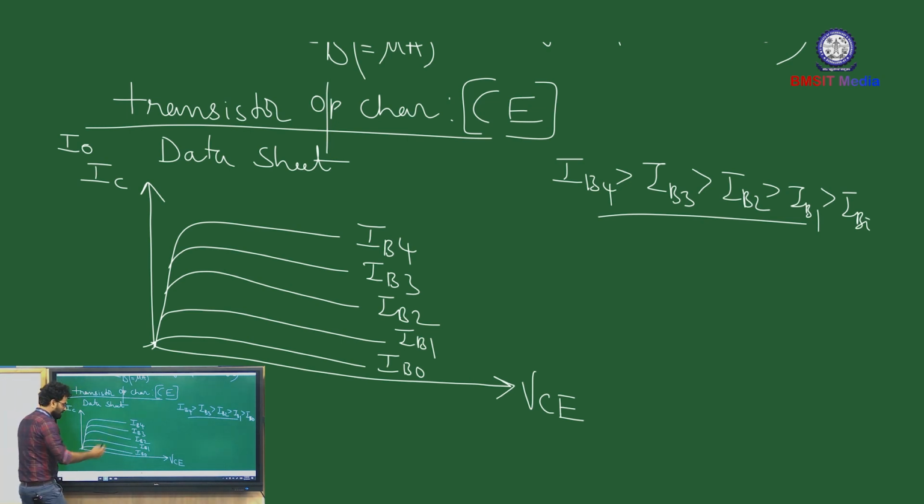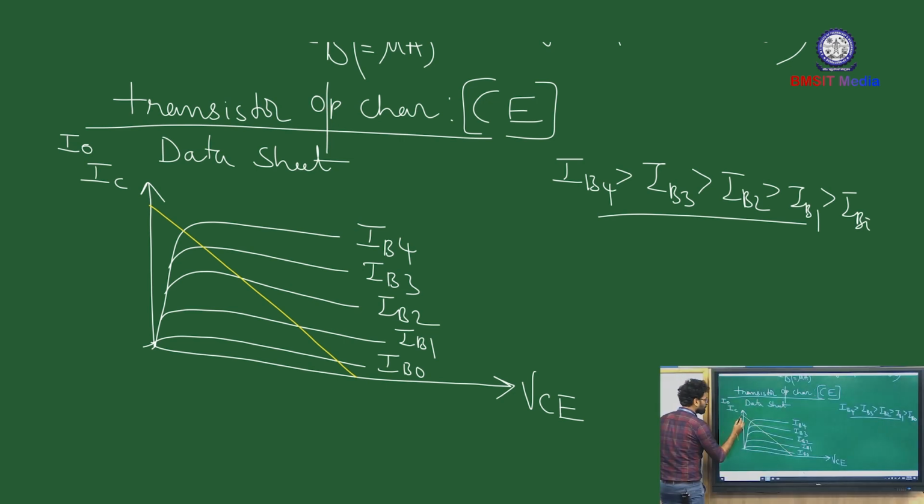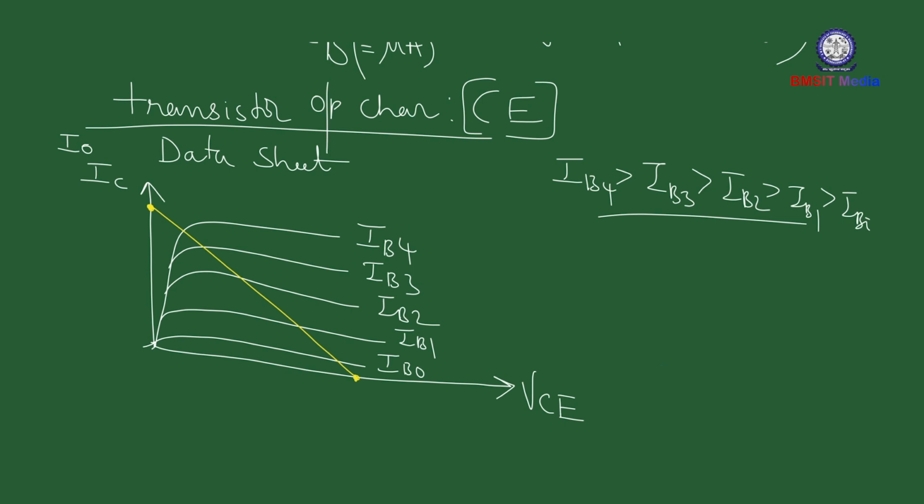Then after plotting the transistor output characteristics, you are supposed to draw something known as load line. The load line will have two extreme points. How exactly do we construct the load line? Let me talk about it in the exact transistor biasing network.